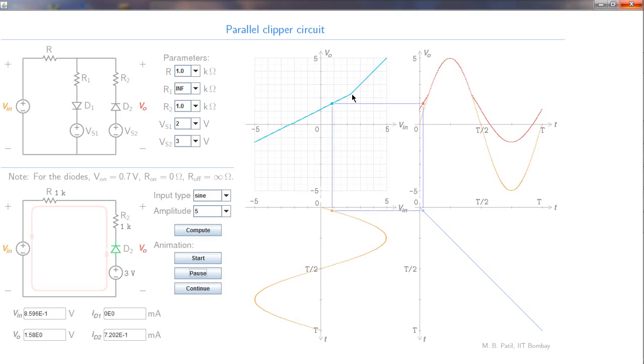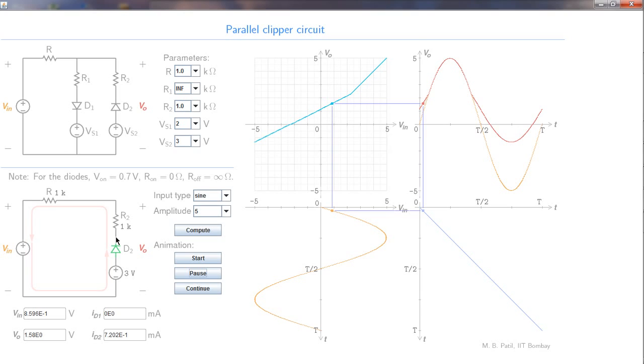Alright, so here is the breakpoint now. This slope is still 1 by 2, this slope is still 1, and the breakpoint has shifted to 2.3. What if we change this 3 volts to minus 2 volts? Then we would have, with respect to this reference node, minus 2 volts here, and minus 2 minus 0.7, that is minus 2.7 volts at this node.